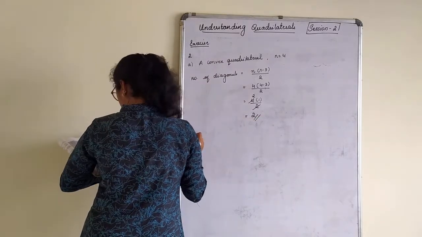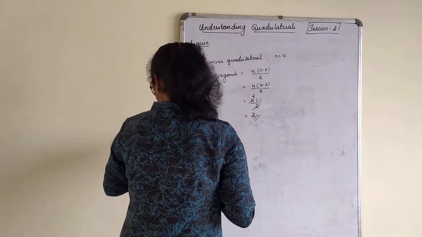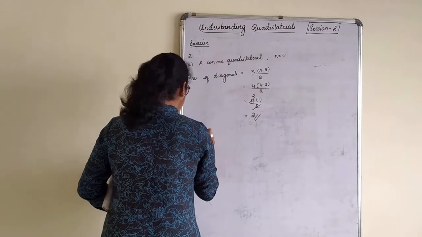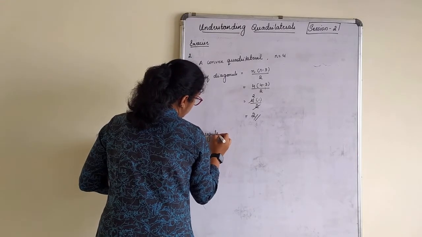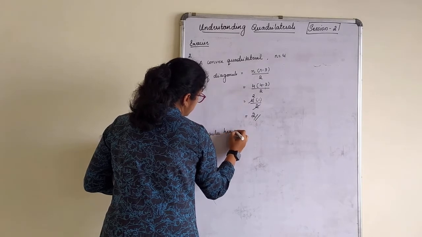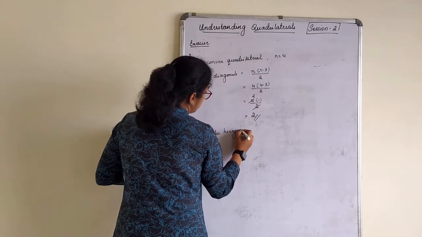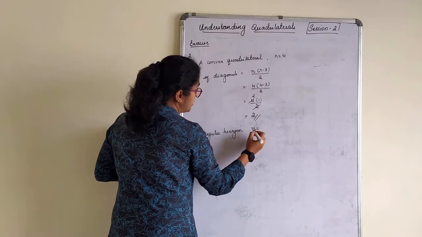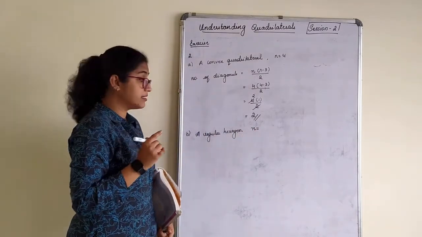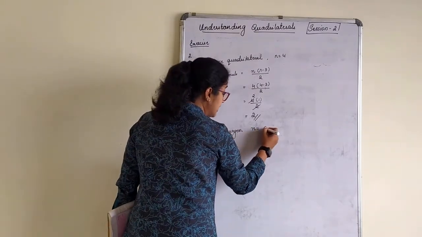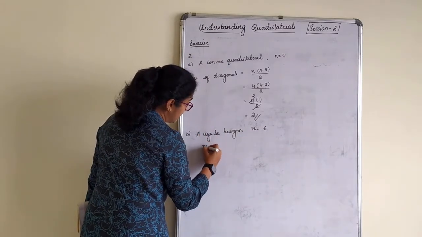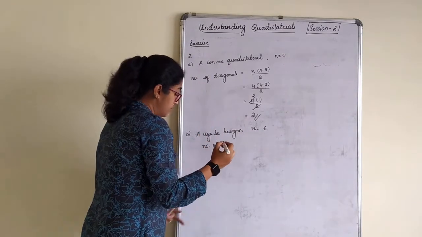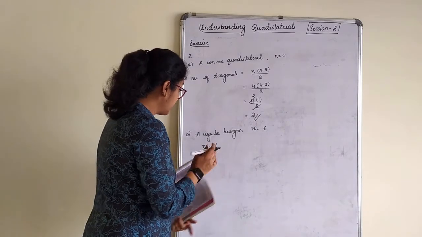Next, what is for B? A regular hexagon. First and foremost, you need to know the number of sides. A hexagon has 6 sides, so n is equal to 6.